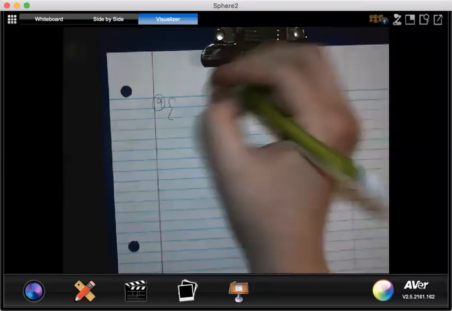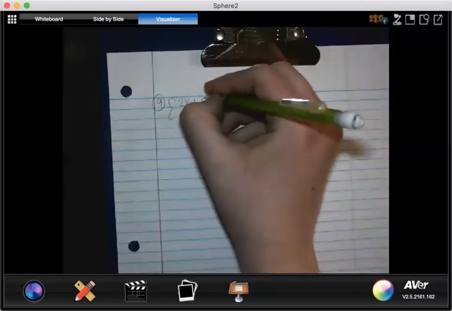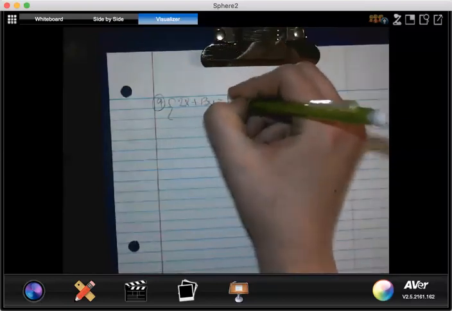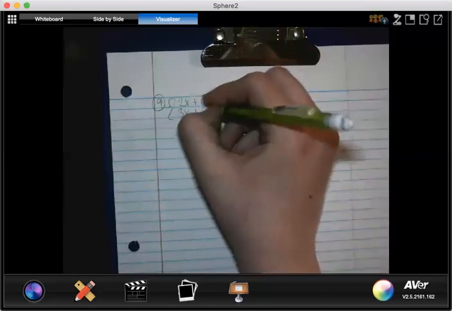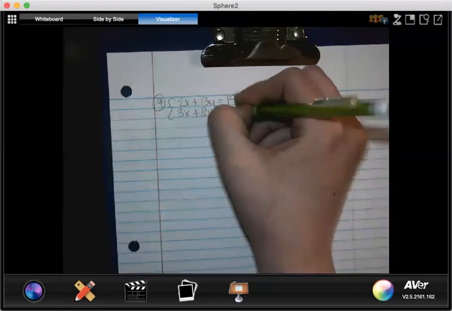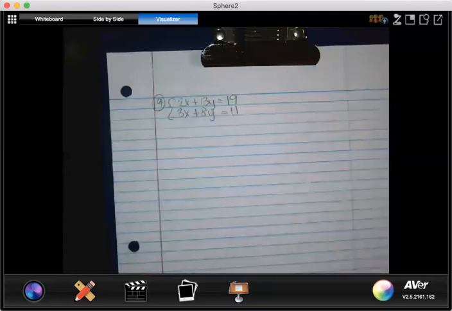Number 9: 2x plus 13y equals 19, and 3x plus 8y equals 11. Good luck.